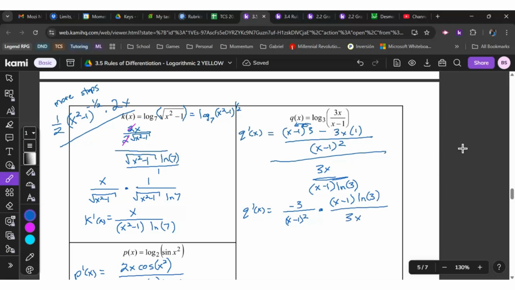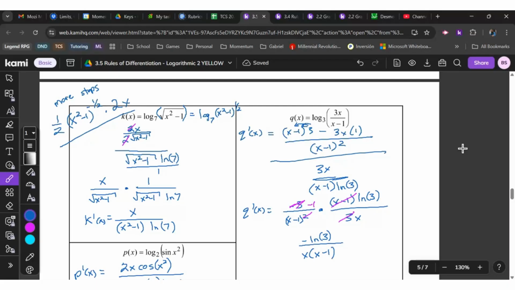over 3x. Now, what cancels there? A bunch of stuff. X minus 1 will cancel with one of the ones on the bottom, so we just cancel the squared. And the 3 cancels with the 3 to make this one like negative 1. So in total on top now, I have negative ln 3 over x minus 1.